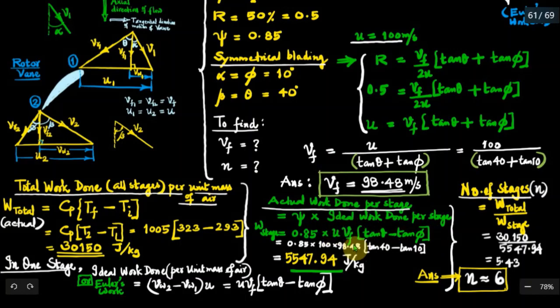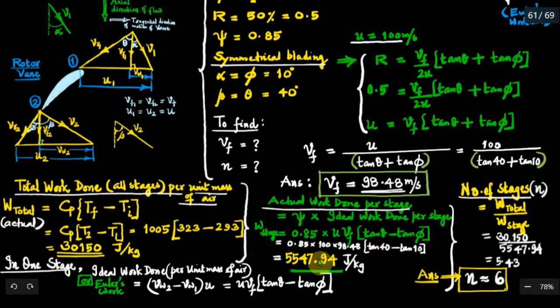And if you multiply this quantity by the work factor, so in this case it is 0.85, so you will get work done in one stage. So work done in one compressor stage, the actual work done per unit mass of air, so that is equal to this quantity. So you substitute now, all these values are available.